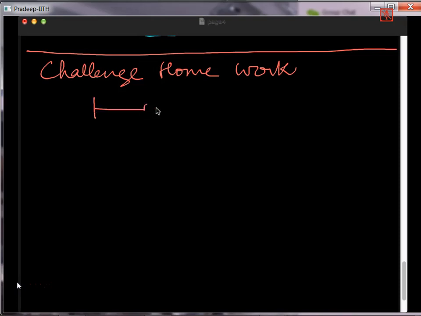So this is, let's say, a challenge homework. Consider a simple network. So the network is like this.